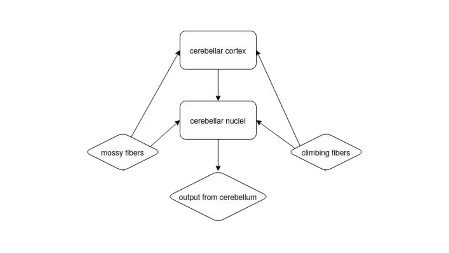We know that from studies using virus tracing, where you put viruses into a neuron, and then the virus flows either with the direction of axons or the other direction. We can trace the connections between neurons this way, and we've traced that in fact neurons in the cerebellum form loops that go via all these other parts of the brain.